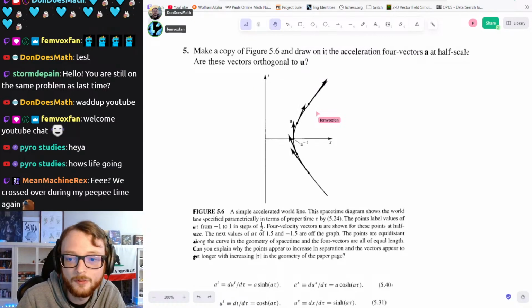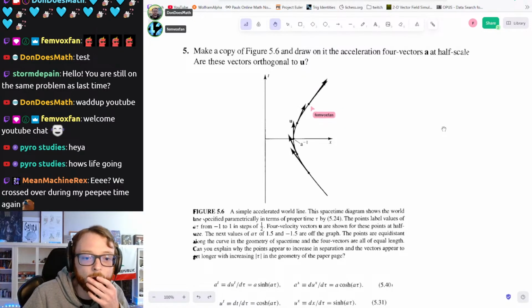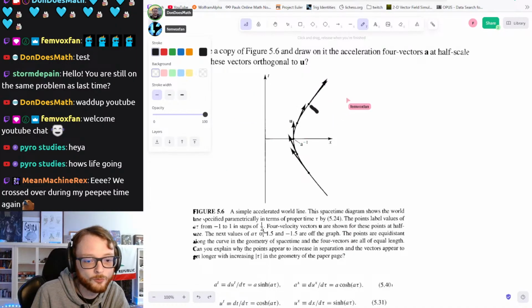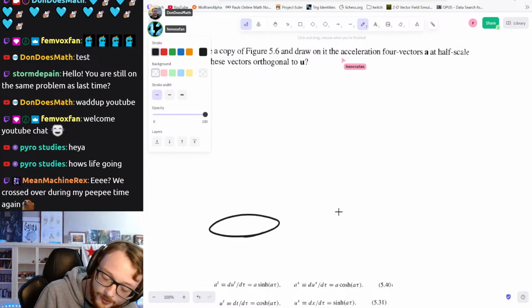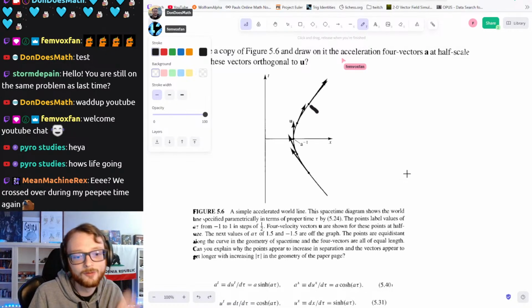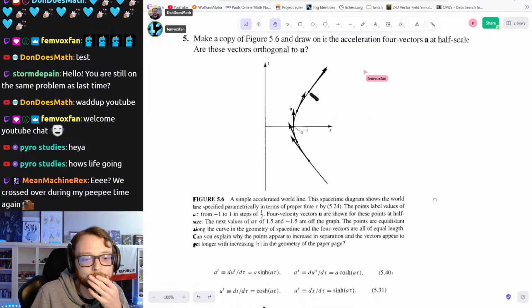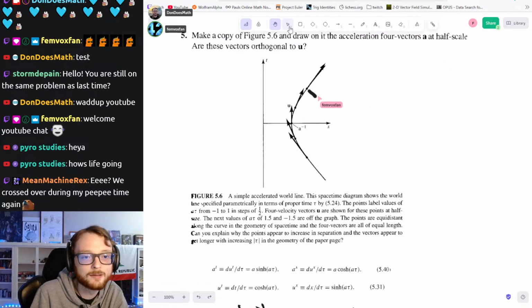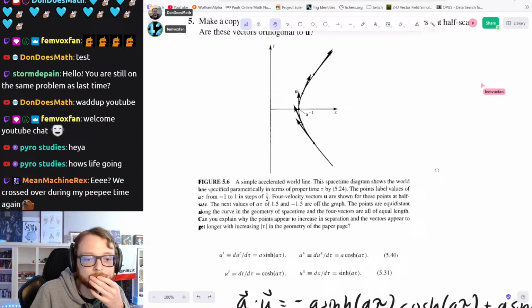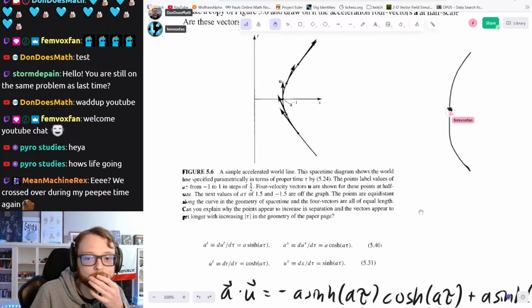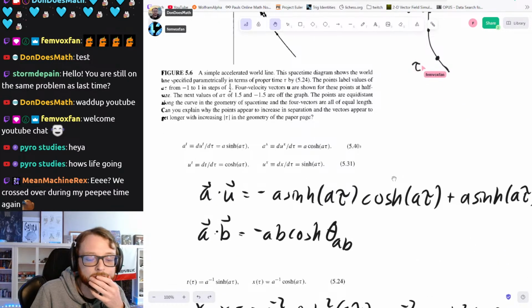No, I don't think there were grid lines, but the dots say tau equals. Yeah, we could actually calculate this. Oh no, I wrote on it and now I don't know how to erase it. Control Z. Here we go. So let me draw it over here. This is tau equals 0, and then 0.5 and 1 and negative 0.5 and negative 1. I think that's how it works.